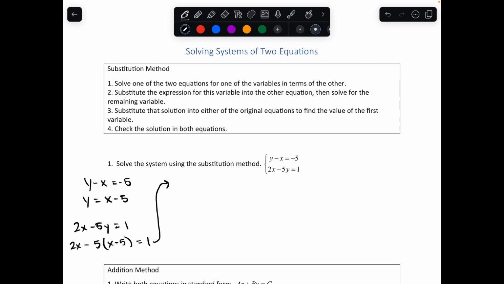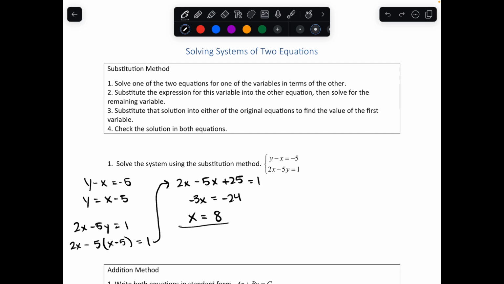Solving this out, we're going to have 2x minus 5x plus 25 is equal to 1. Combining our x terms and subtracting 25 over, we're going to have negative 3x is equal to 1 minus 25, so negative 24. Now dividing both sides by negative 3, we'll have x is equal to positive 8. Okay, so we have a value for x, but now I want to know what y is equal to.